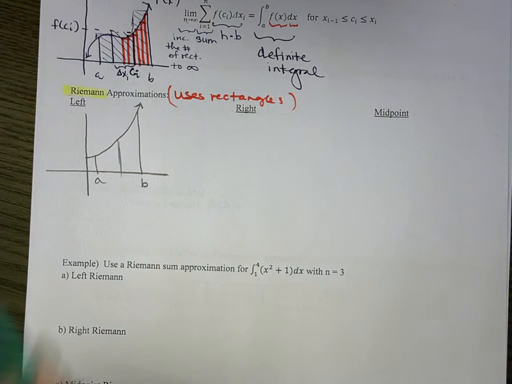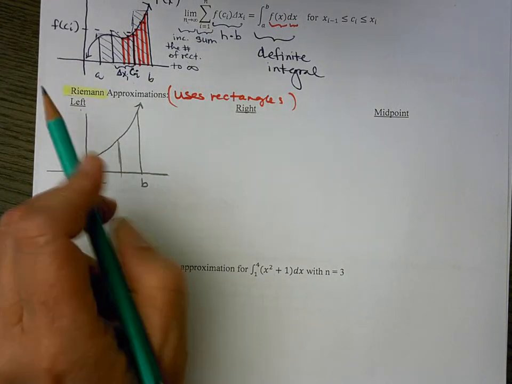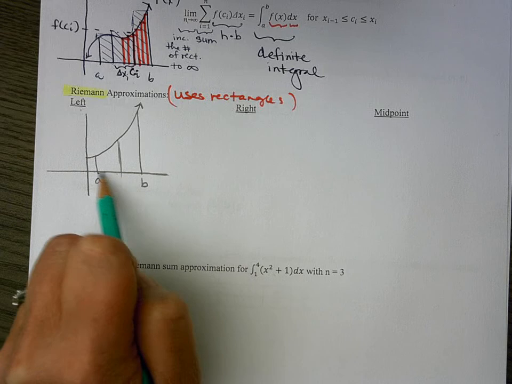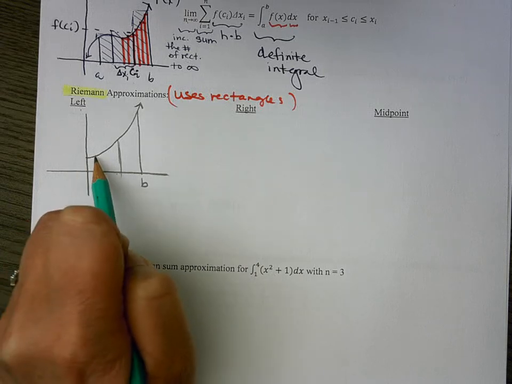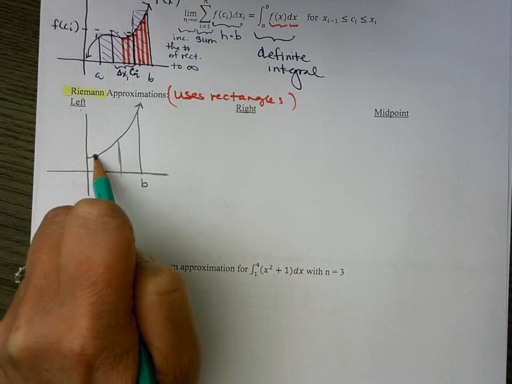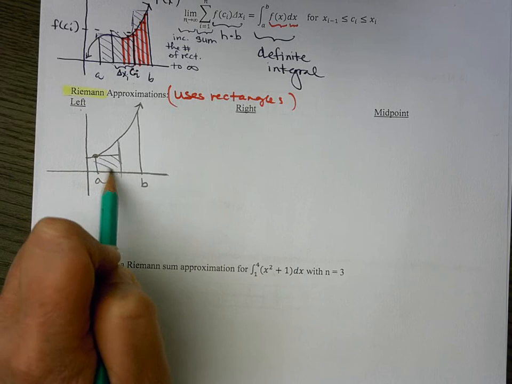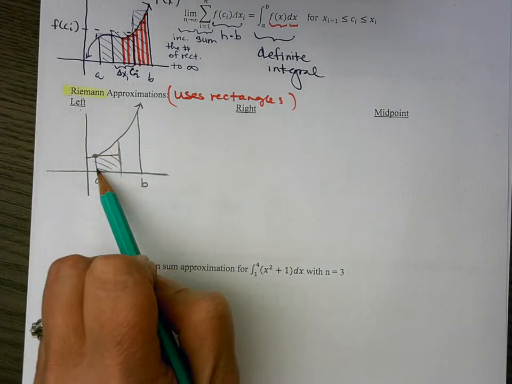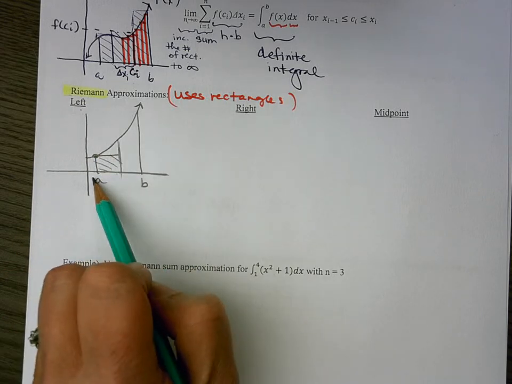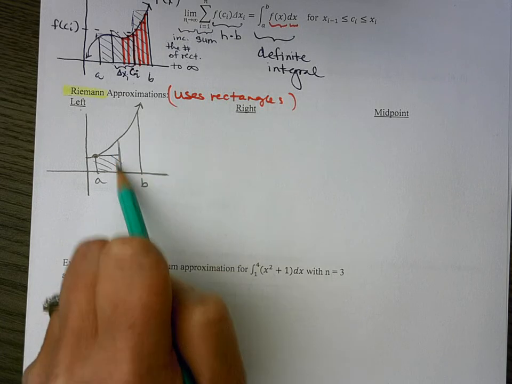So if I refer to a left Riemann, on this first interval here, I use the left side to create the height of that shape. So I'm going to go to the left side and draw straight across, and then this is the rectangle I will use to approximate the area under this curve. And I would do the same for the next section. So the next section, we have 2 sides to the interval.